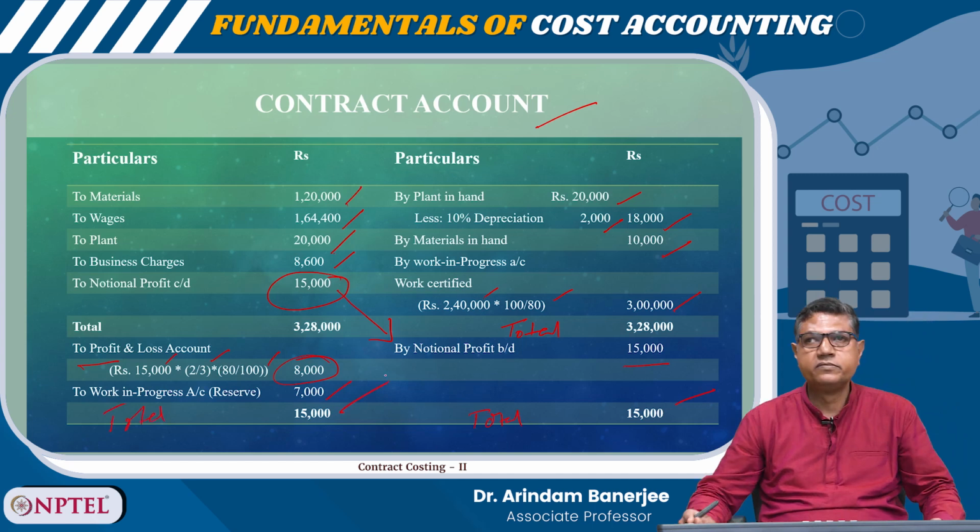Uncertified work, 7,700. Materials in hand, 2,000. Wages accrued, 300. Cash received, 1,61,500, and depreciation of plant is 7,000, right. So, what do I have to do? I have to ascertain the profit on work certified. So, this I have to calculate from the information given.